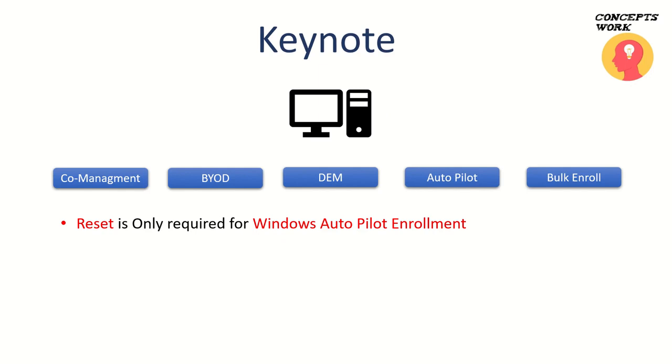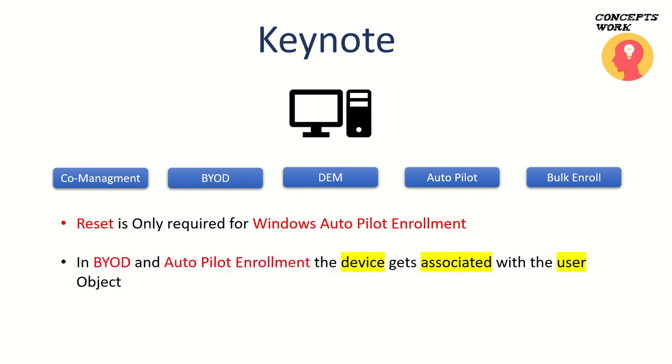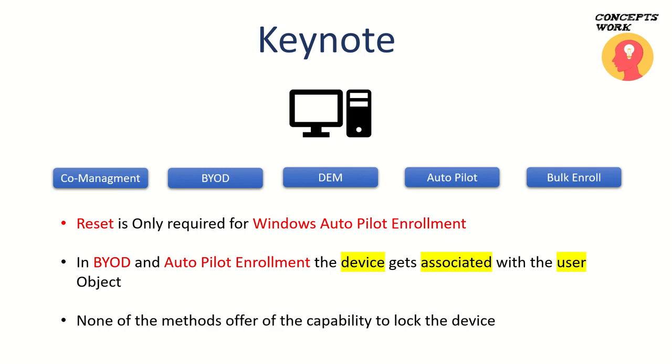When Windows Autopilot enrollment is initiated by the user, a device reset is required. In the case of BYOD and Autopilot enrollment, the device gets associated with the user object. And none of the methods as of now offers the capability to get the device completely locked. That's the reason why there is something called DEM.